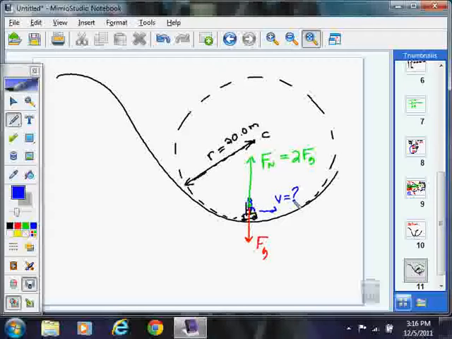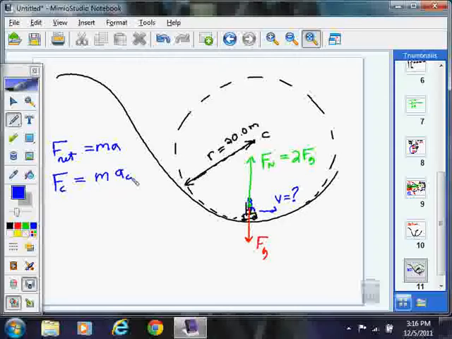So guess what formula we're going to start off with? You could start off with F net equals MA. But that net force in this case is going to be providing a centripetal force. And that's going to be causing a centripetal acceleration.